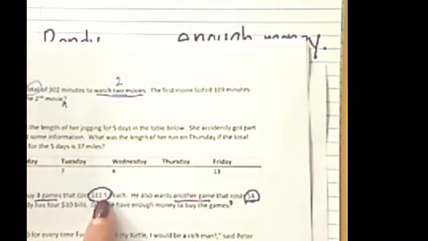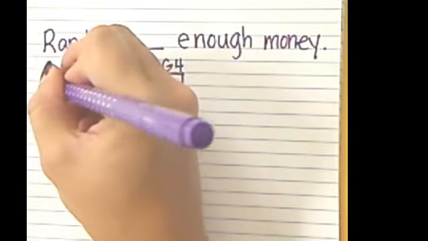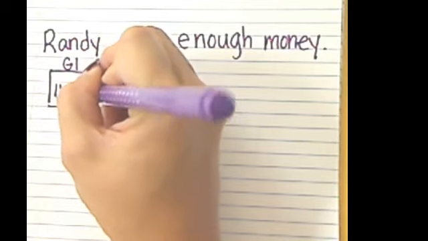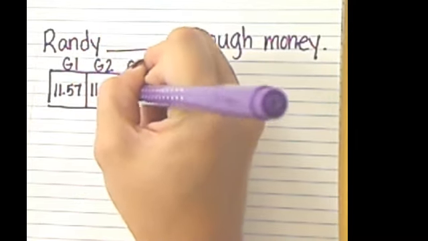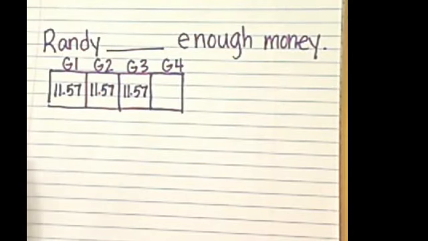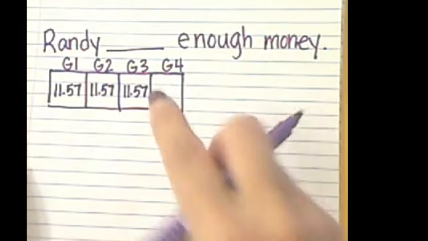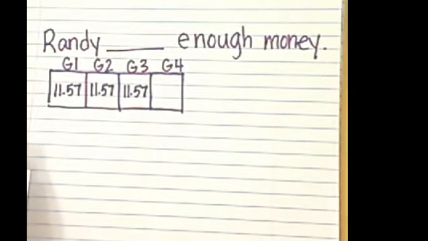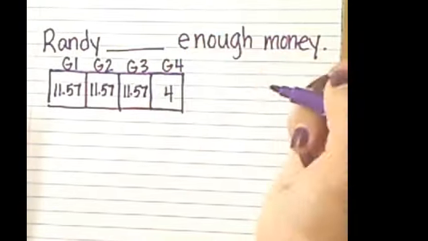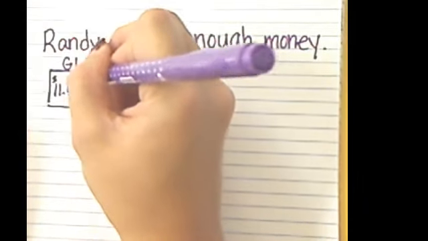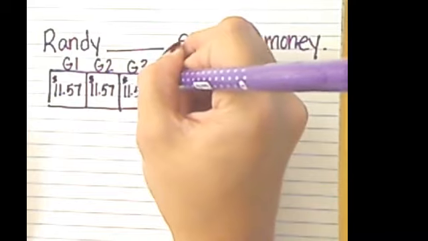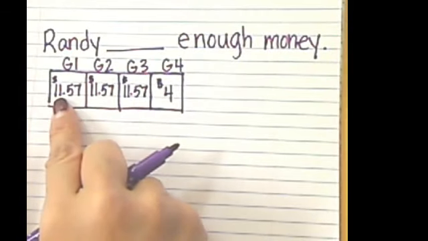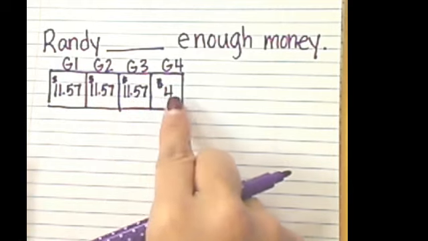It says 3 of the games are $11.57. So 1, 2, 3, let's make those $11.57. Okay? Well, there's game 4. How much is game 4? Game 4 is $4. So we're going to write that in here. Okay? If you want to, you can put the dollar signs. Okay? $11.57 for 3 games and another game for $4.